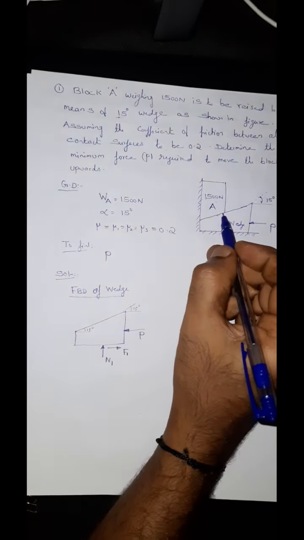And there is a normal reaction because there is a contact between this block and the wedge, and the normal will be perpendicular to the surface of the wedge, right? So this can be denoted as N2, right? And there is a friction. Since the wedge is moving towards the left, the friction force will be in the opposite direction, and this can be mentioned as F2, right?